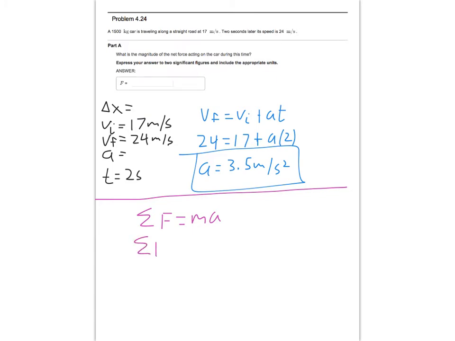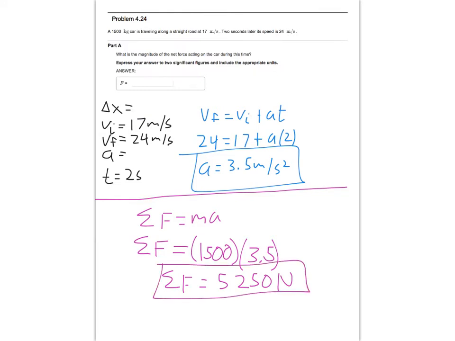So I'm going to say that my net force is equal to 1,500 times my acceleration, which is 3.5. And that gives me an answer here of 5,250 newtons is my net force. My answer does ask for 2 sig figs, so that would round to 5,300 newtons, although I think they would accept 5,250.